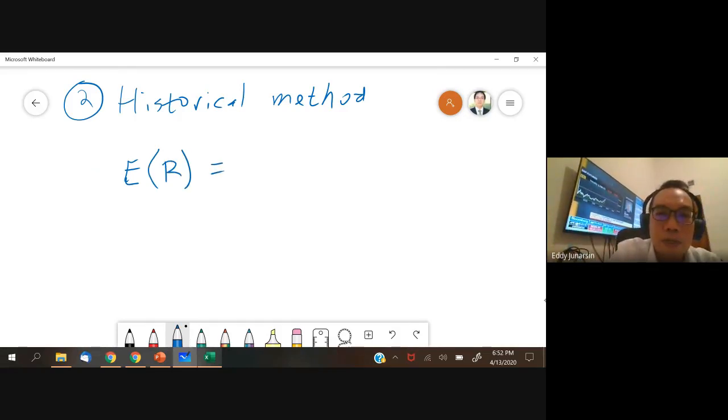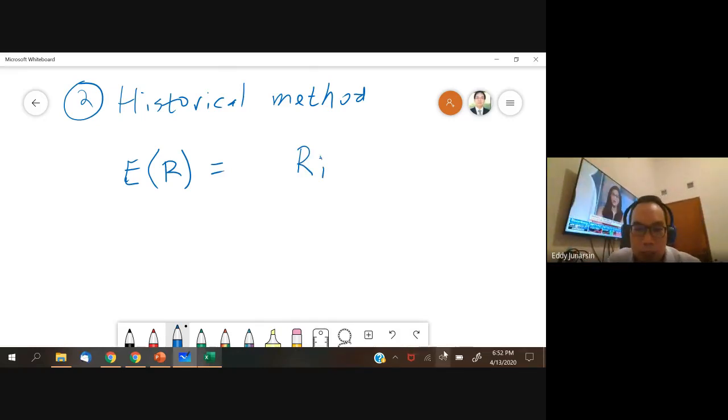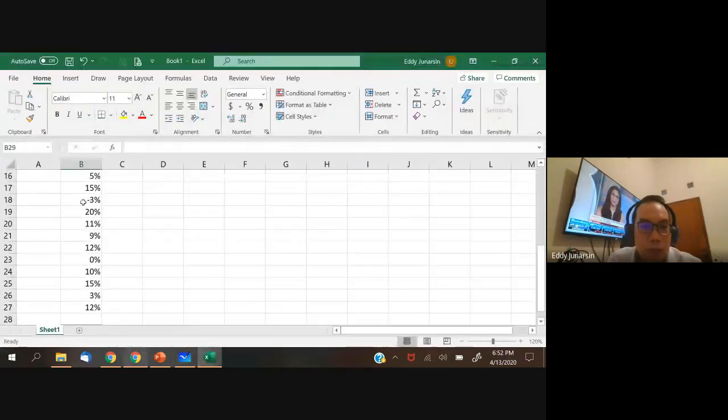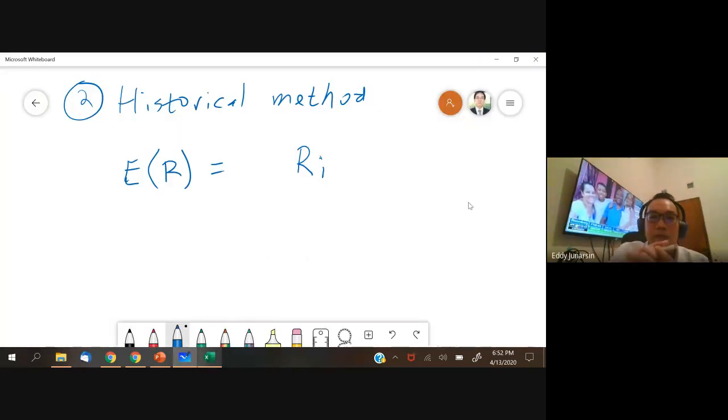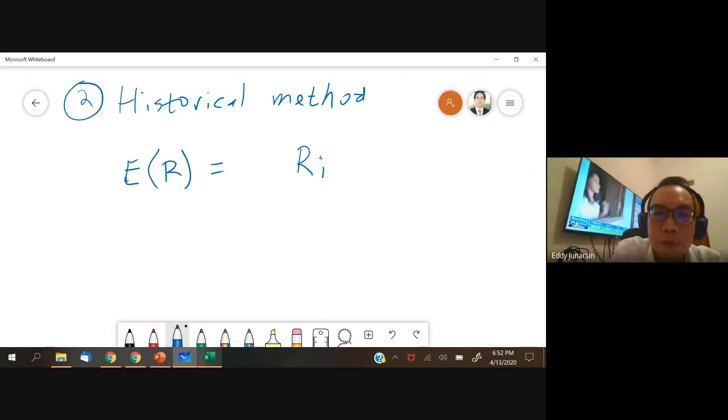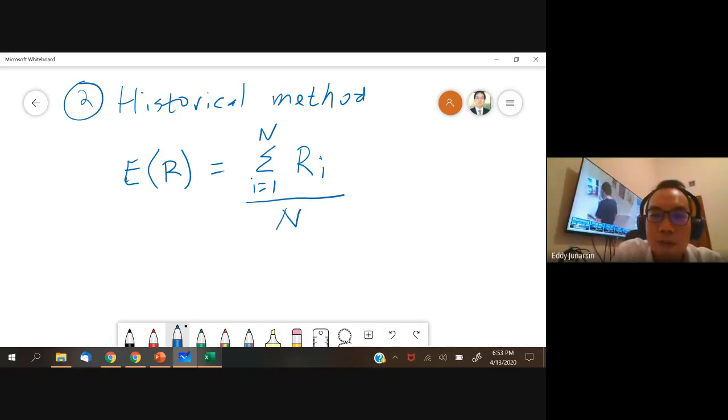Expected return would be the projected returns. We have projected returns of 5, 15, minus 3, 20, 11, 9, 12, and so forth, right? So we sum them together because they don't have probabilities. They have happened, right? Sum them together and divide it by the number of observations.